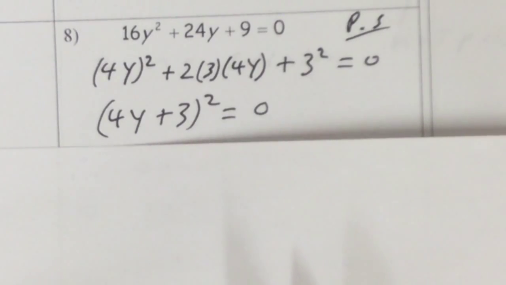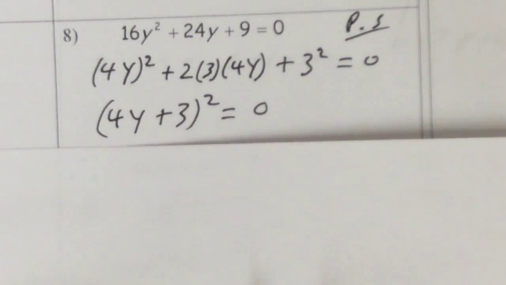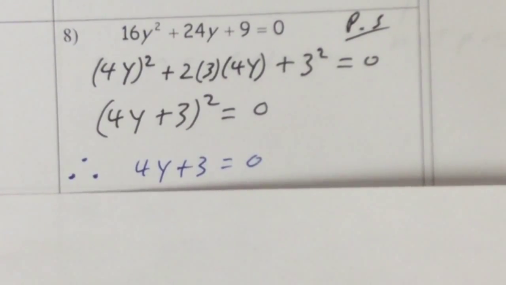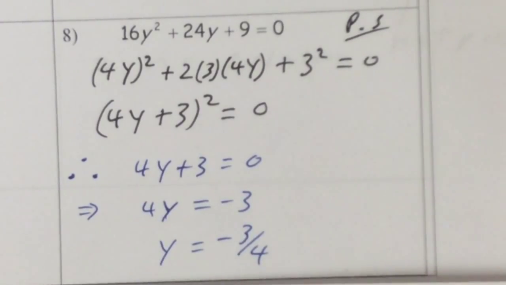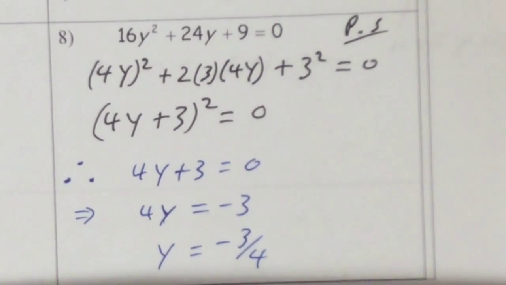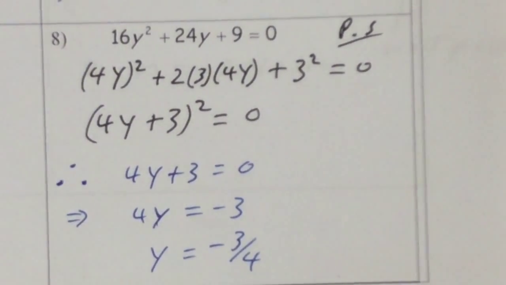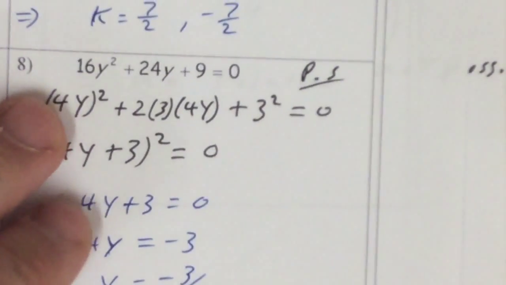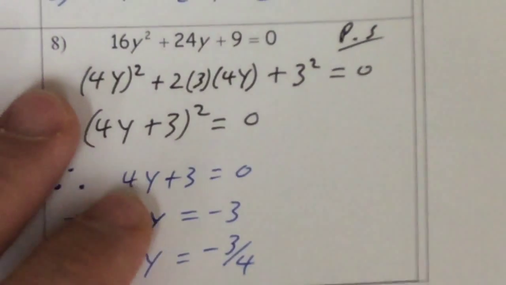Okay, so (4y plus 3) squared equals 0. 4y plus 3 equals 0, and y equals -3/4. So in perfect squares, you only get one solution to the quadratic equation. Okay, and that's it for examples on that.